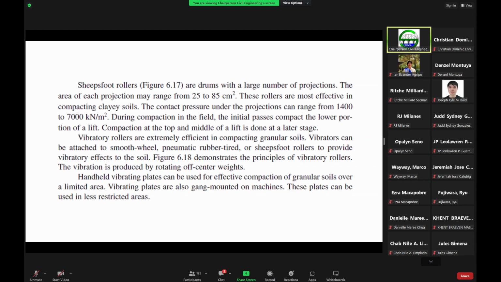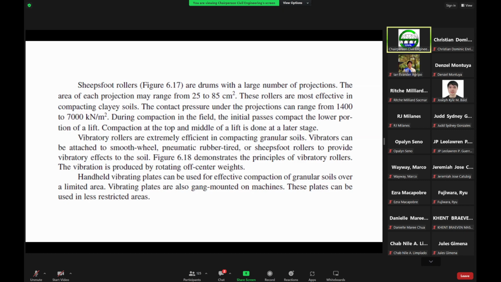So if you are compacting clay soils, then these sheep's foot rollers are most effective. Although in my experience here in the Philippines, we don't normally compact clays, mostly just sands.